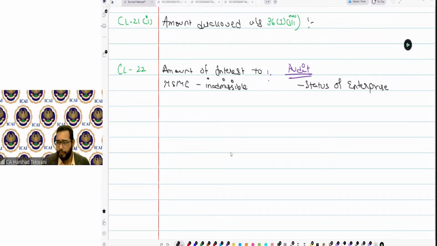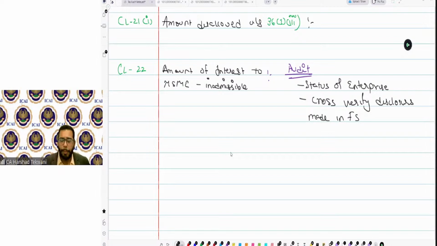Then you may also have disclosures made in the financial statement under section 22 of the MSME Act, which you can cross-verify. Then you need to identify the full list of suppliers of the assessee which fall under the purview of the MSME Act.